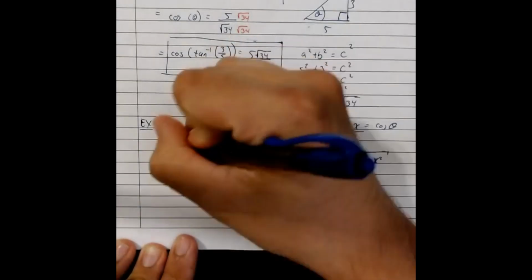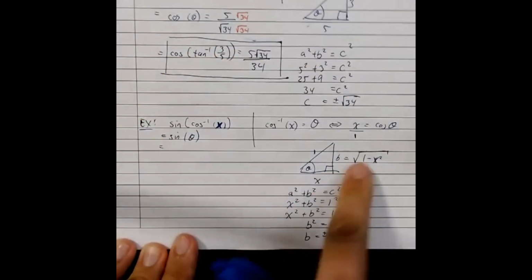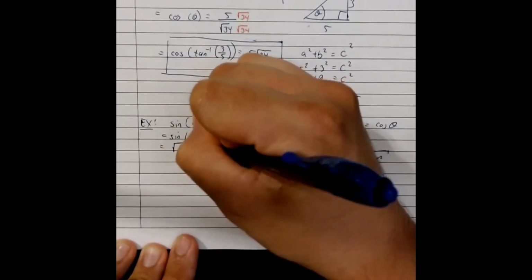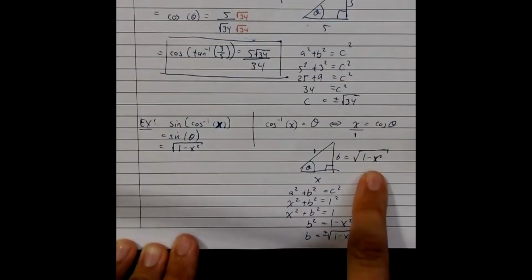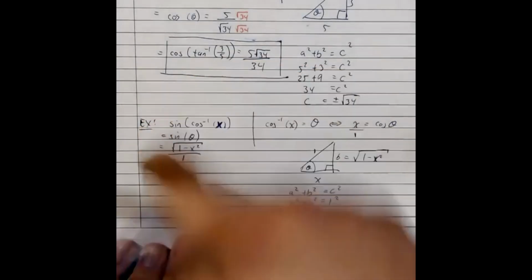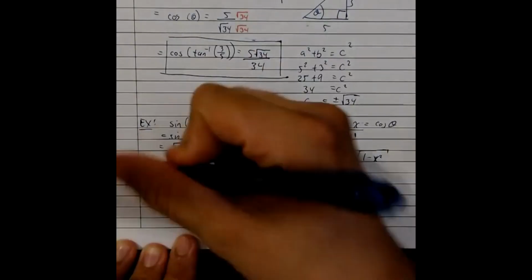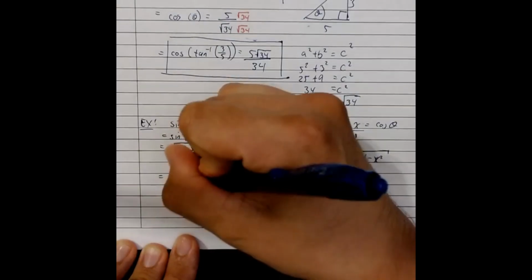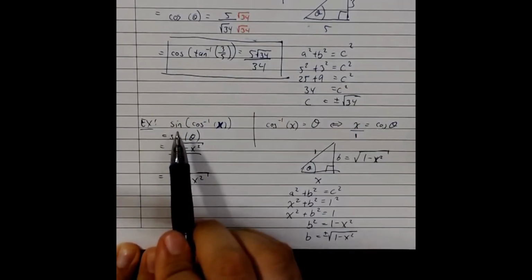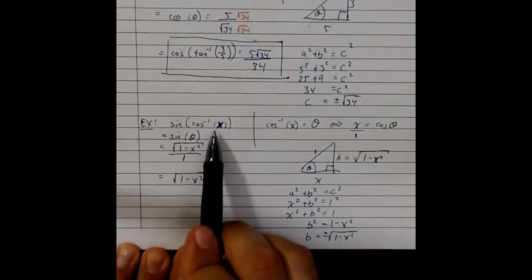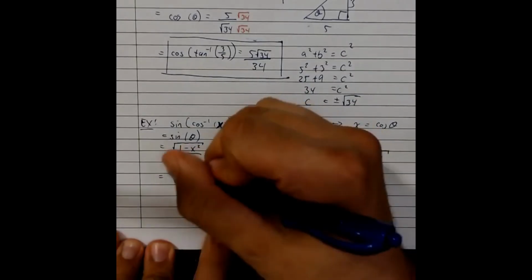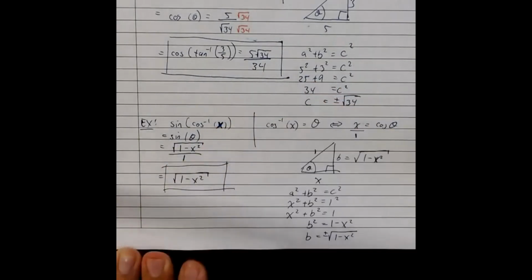So that's going to equal the side opposite, which has the length square root of 1 minus x squared, over the hypotenuse. Well, again, the hypotenuse is 1. And dividing something by 1 doesn't change it. So here we can just write it as the square root of 1 minus x squared. So, in the end, the sine of the inverse cosine of x is equal to the square root of 1 minus x squared. And that makes us happy.